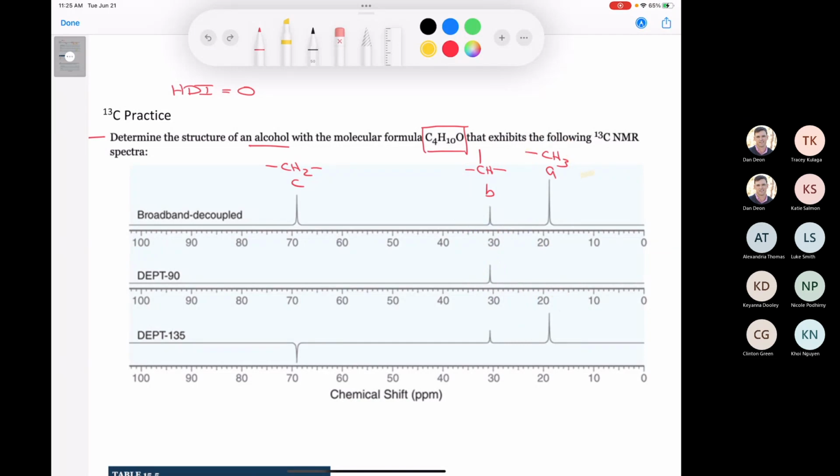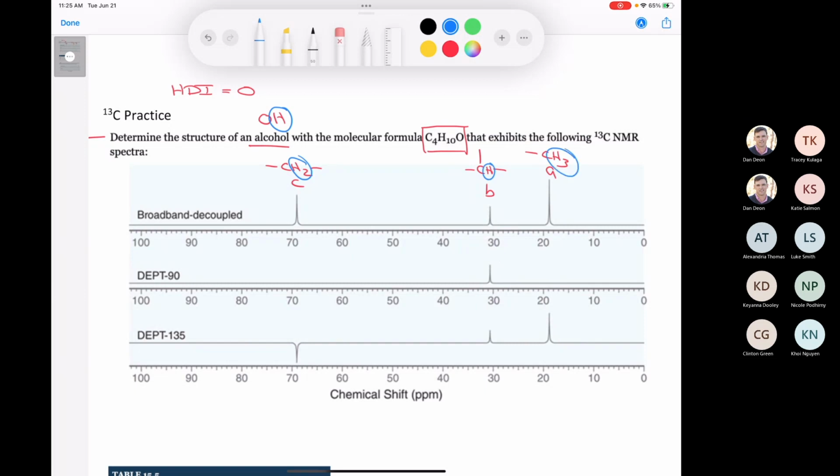There we go. Now, again, you see that we have 4 carbons in our compound, but we only have 3 carbons here. And since it's an alcohol, we also have a hydroxyl. If you tally up the total number of hydrogens that we have right now, we have 1, 2, 3, 4, 5, 6, 7.